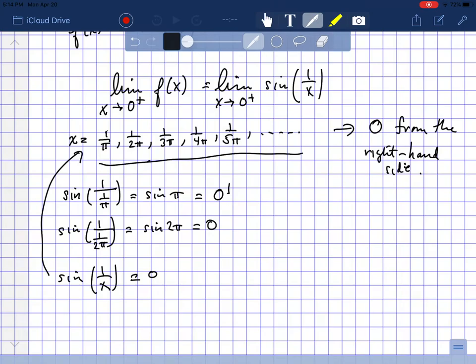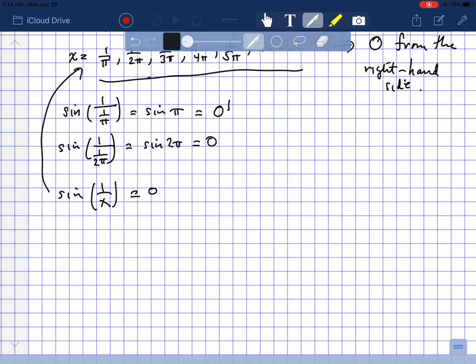But let's change things up a little bit. Now let's look at the following values of x.